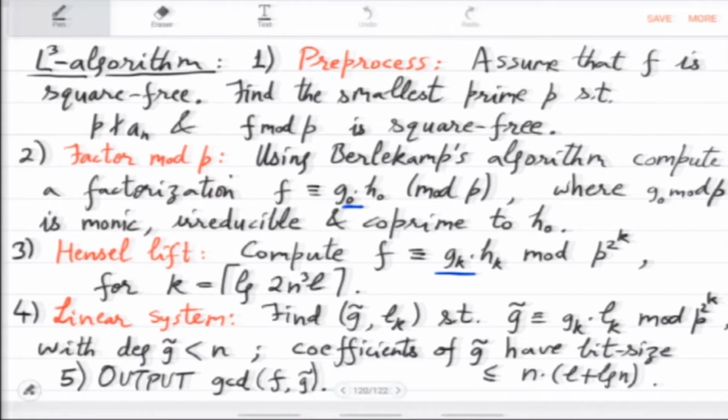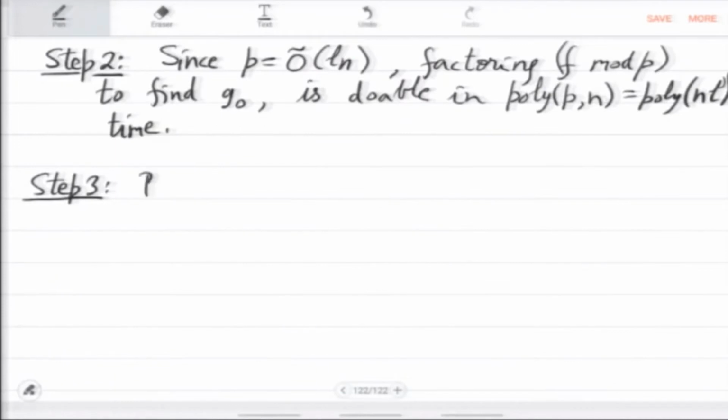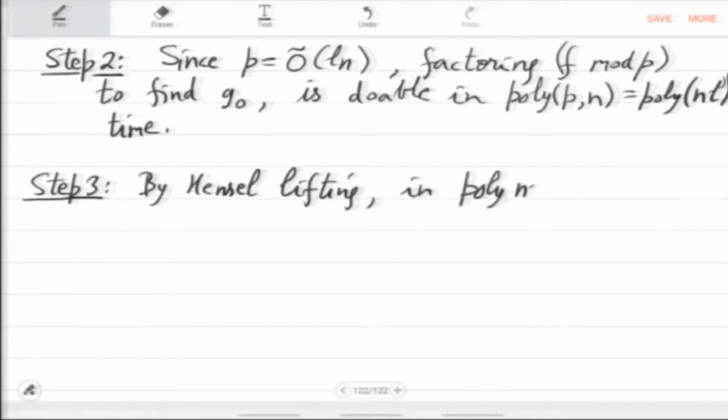It is polynomial in k and the degrees and the bit sizes, by the Hensel lifting lemma. This is doable again in time polynomial in nL, because k is also picked to be quite small. So everything can be done in polynomial in nL time.